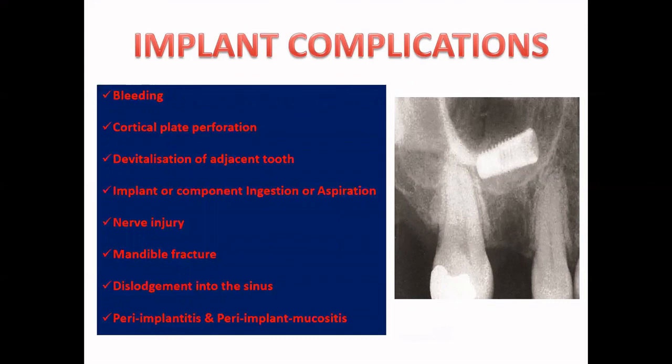And if you place the implant in the sinus region, it may perforate into the sinus and get dislodged in the sinus, and then we have to retrieve the implant from the sinus. If there is an infection or the tissue is not healed, there are chances of peri-implantitis or peri-implant mucositis. These are the implant complications.